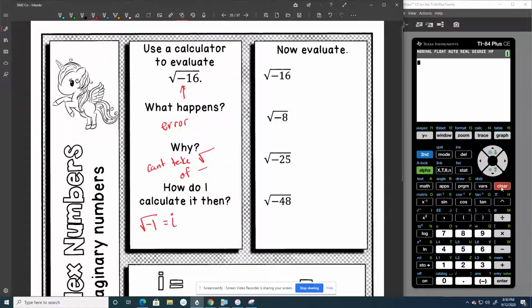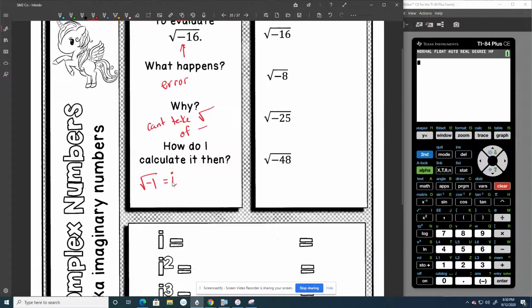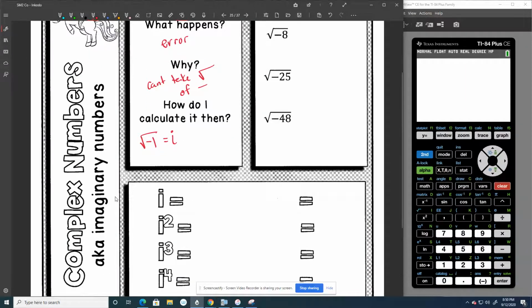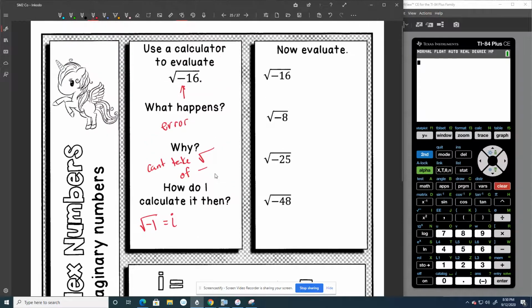Okay? The square root of negative 1 is called i, and it is an imaginary number. It's called imaginary because it doesn't actually exist. We use it to do math, but it's not a real number. In fact, there's no such thing in the real world that would do what this imaginary i number does.